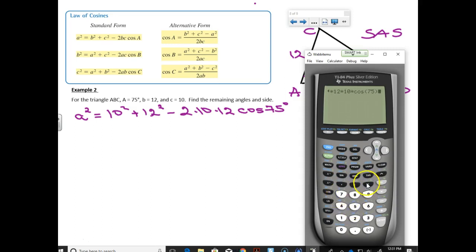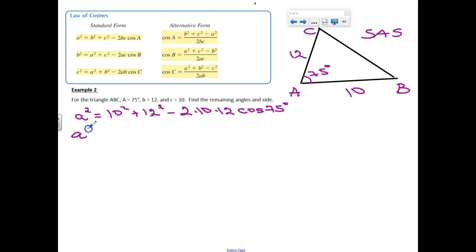I already made sure that my calculator is in degree mode, and that gives me an answer of 181.88. Now keep in mind that this answer is for A squared.